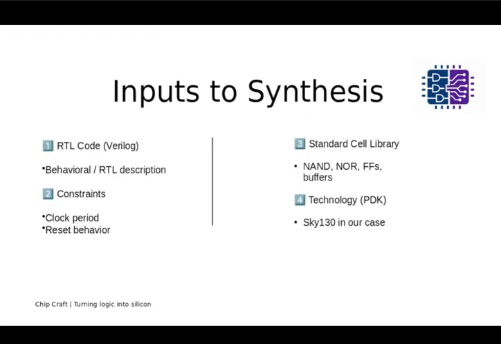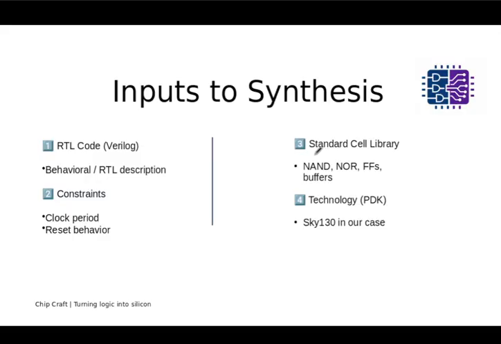Let's see what the inputs to synthesis tools are. First is the RTL file, in which ideas are written in the form of any language. Second is the constraints, written in an SDC file. The main command of the SDC file is to define a clock period. Third is the standard cell libraries.